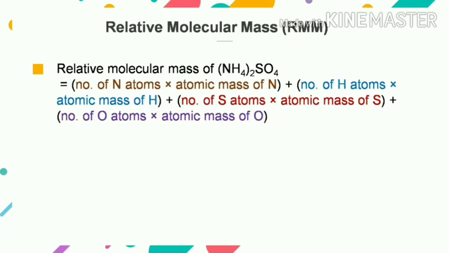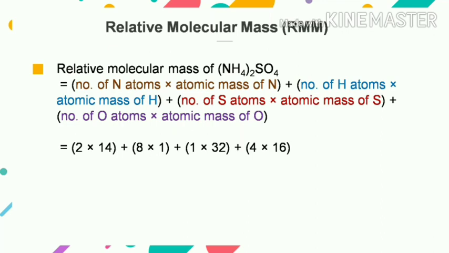Let's take one more example of ammonium sulfate. In the formula of ammonium sulfate molecule, we have 2 nitrogen atoms and the atomic mass of nitrogen is 14. So 2 multiplied by 14 plus, again we have 8 hydrogen atoms and the atomic mass of hydrogen is 1. So 8 multiplied by 1 is written here. Then afterwards we have 1 sulfur atom with atomic mass 32.